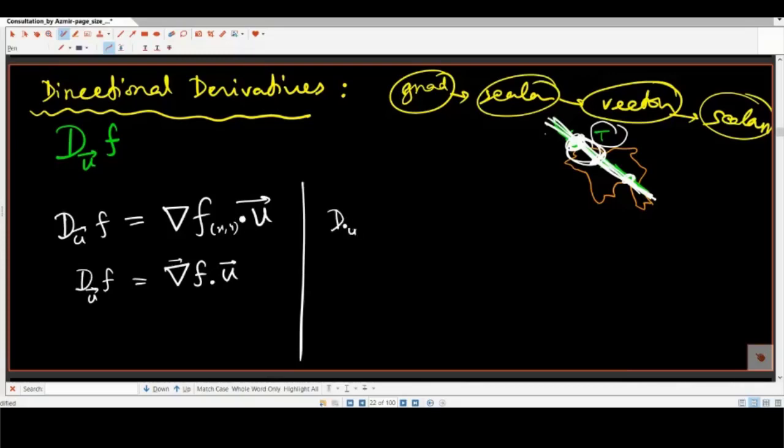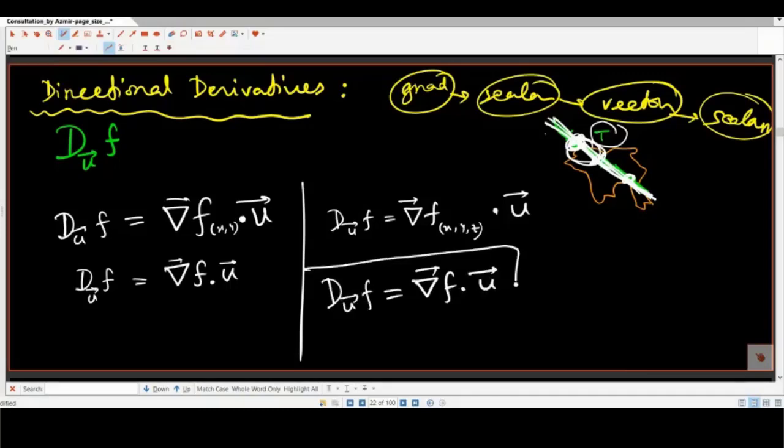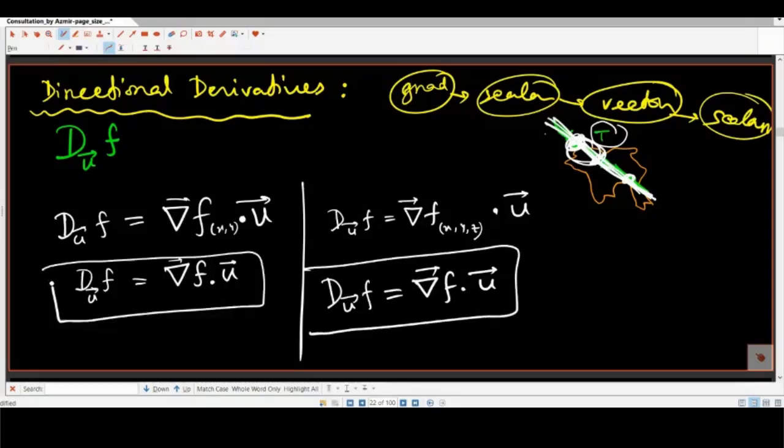If we have a function of 3 variables, then the directional derivative will be gradient of f at x, y, z dot u. So instead of this one, we can make it short, that is gradient of f dot u. So this is the convenient way of writing the directional derivative.